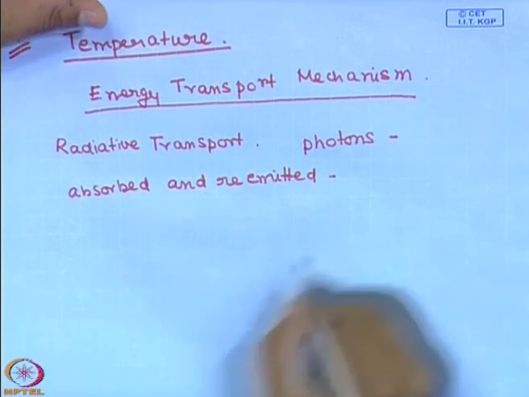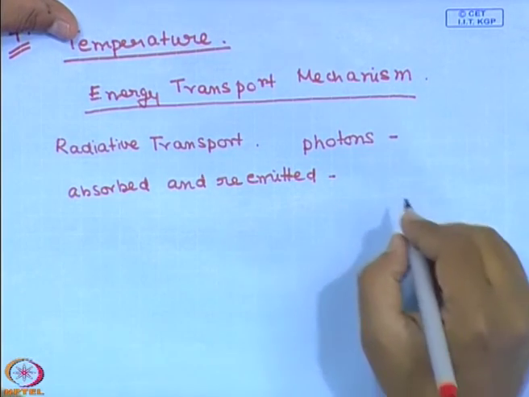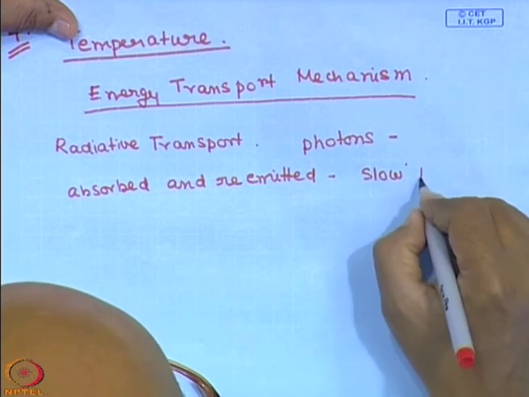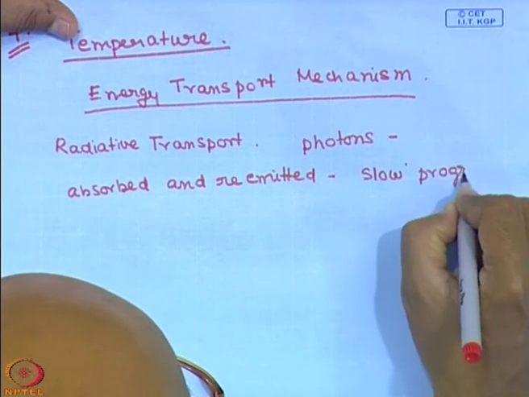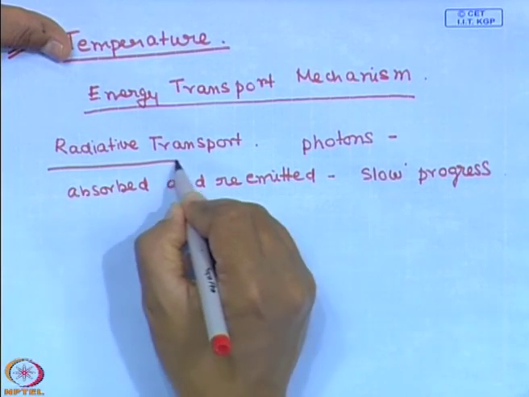This is a diffusion process, it is a random walk, we have discussed this. So, the photons slowly make their way, it is a slow progress through the sun. So, this is the radiative transport.